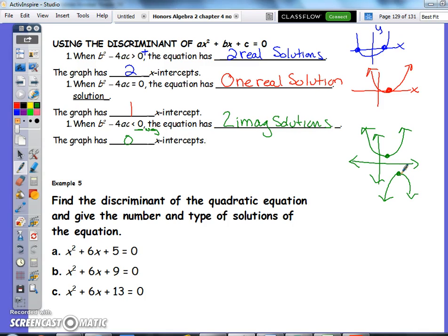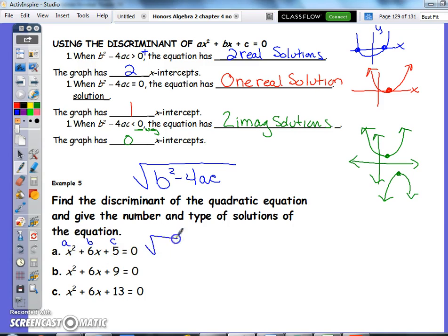All right. If you're just finding the discriminant of these problems down here and giving me the number and type of solution, you're really only filling in this portion, b squared minus 4ac. You still need to know what A, B, and C are. Here A is 1, B is 6, C is 5.